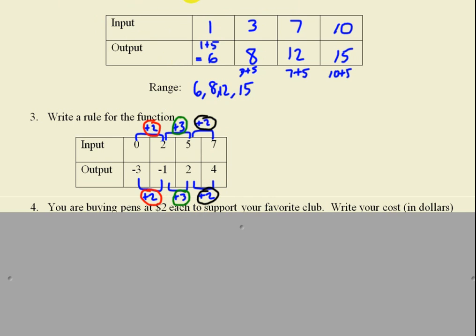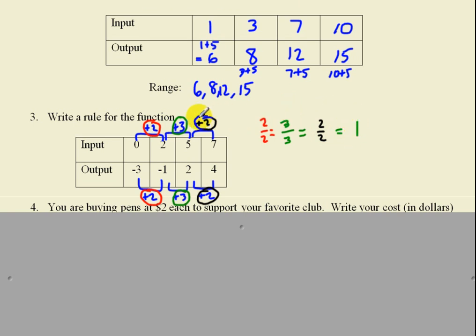And so we have this rate that we can look at. We have 2 over 2 in the case of that third change. And here we had 2 over 2. And here we have 3 over 3. And notice that we get the same ratio here. 2 over 2, 3 over 3, 2 over 2, these are all equal to 1.